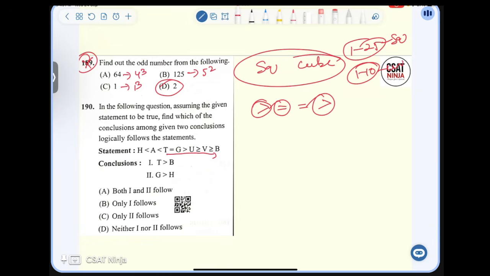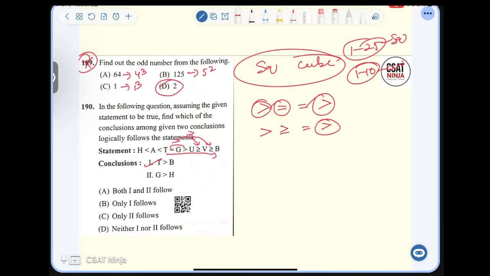So if I combine these two, I'll get this one. Always remember, if you combine greater than and greater than or equal to, it will always give you greater than. Again, if I combine this one and this one, I'll get greater than. That means T is greater than B. That means conclusion 1 follows.